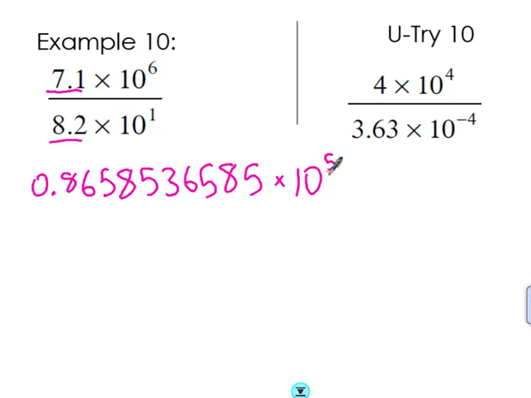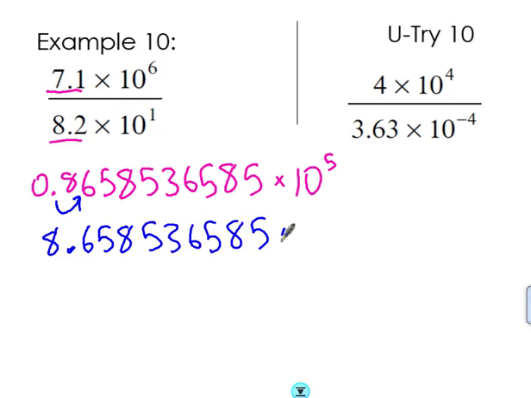Now, this number is a small number, and we need to convert it back to scientific notation. We will move the decimal point one place to the right, and the number will turn into 8.658536585 times 10 to the, because it was a small number, this is going to be 10 to the negative first power, and we already have 10 to the 5th power on hand.